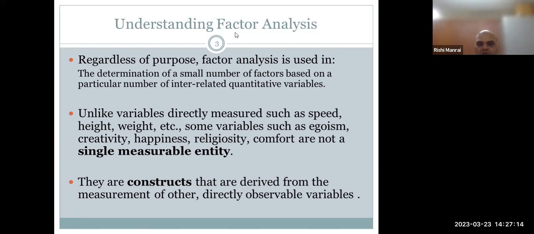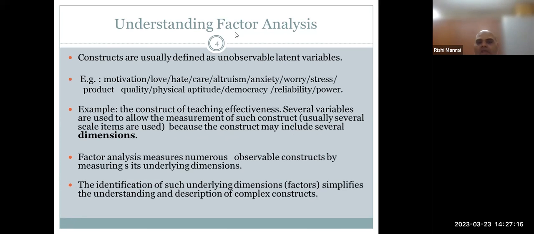Constructs are usually defined as unobservable latent variables. For example, motivation, love, hate, care, altruism, anxiety, worry, stress, product quality, and so on.